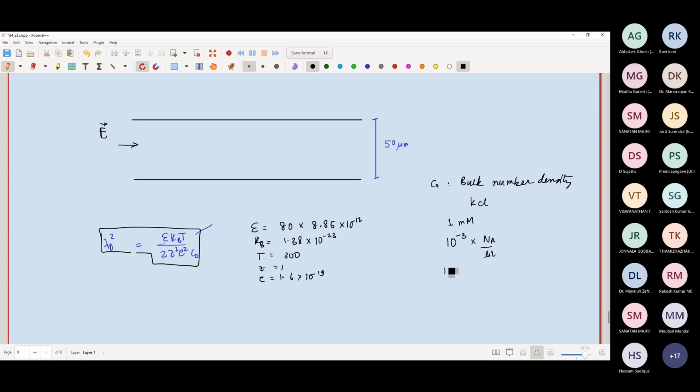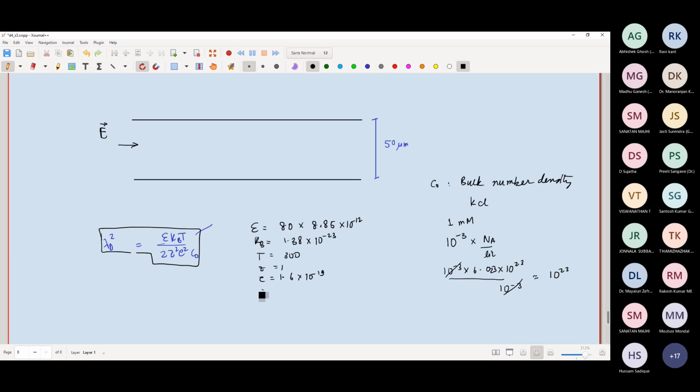Avogadro number is 6.023 times 10 to the power 23, and this many molecules lie in 1 liter of solution, moles per liter. So we have to convert liter into meter cube, so there will be a 10 to the power minus 3 also. This cancels out, so this turns out to be approximately 10 to the power 23.